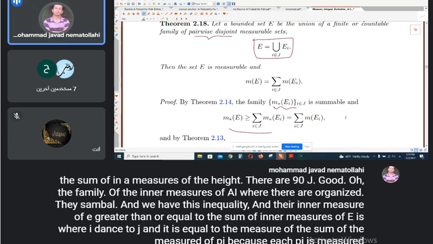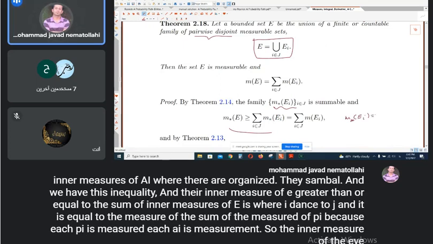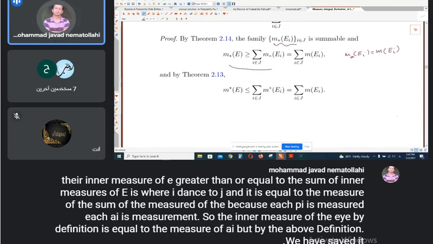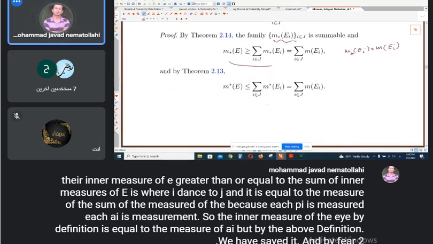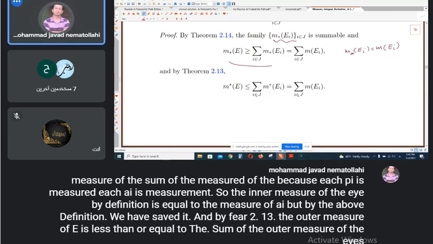Each E_i is measurable, so the inner measure of E_i by definition is equal to the measure of E_i. And by theorem 2.13, the outer measure of E is less than or equal to the sum of the outer measures of E_i, where i belongs to J.